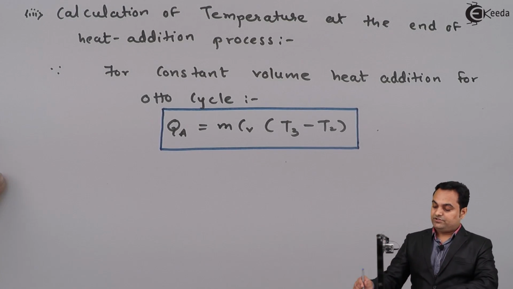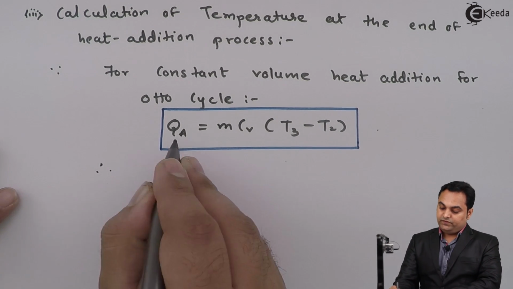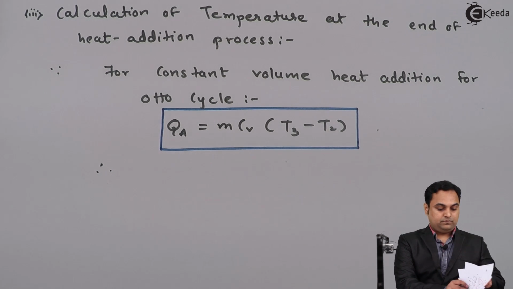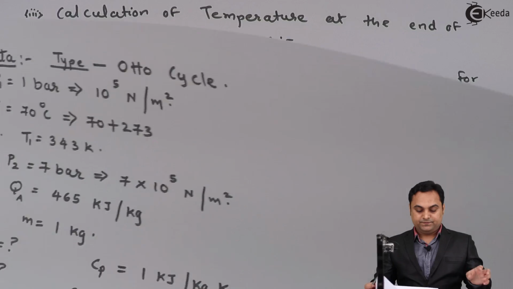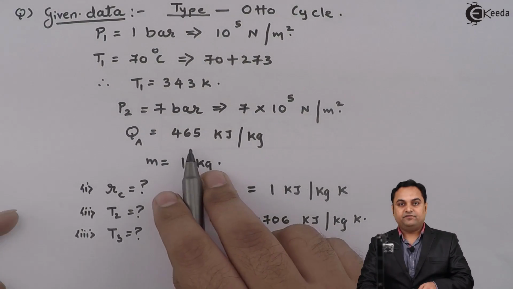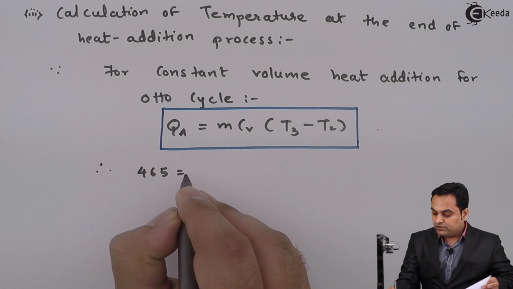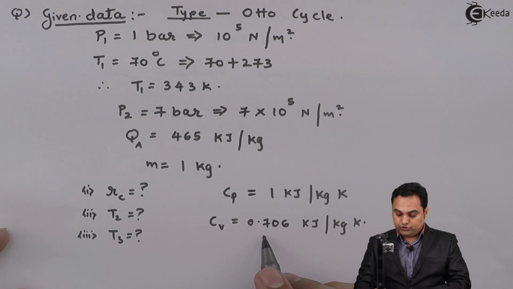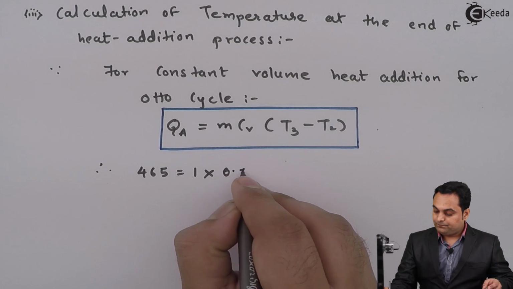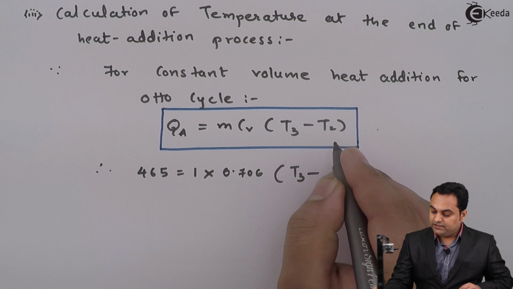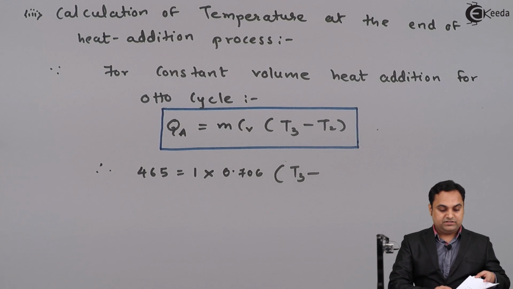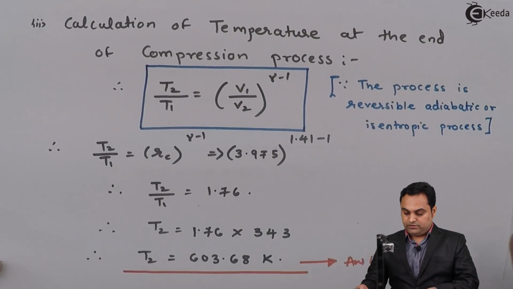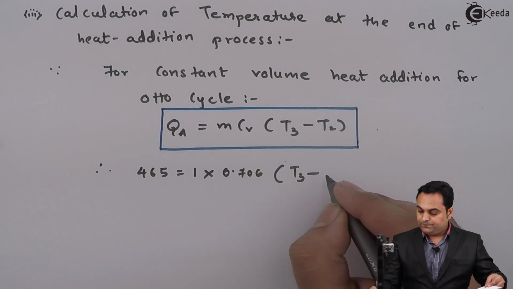Now this heat addition is given in the problem, and that value is 465 kilojoule per kg, mass is 1 kg, Cv value 0.706 is given, into T3 minus T2, where T2 we found out was our second answer, 603.68.